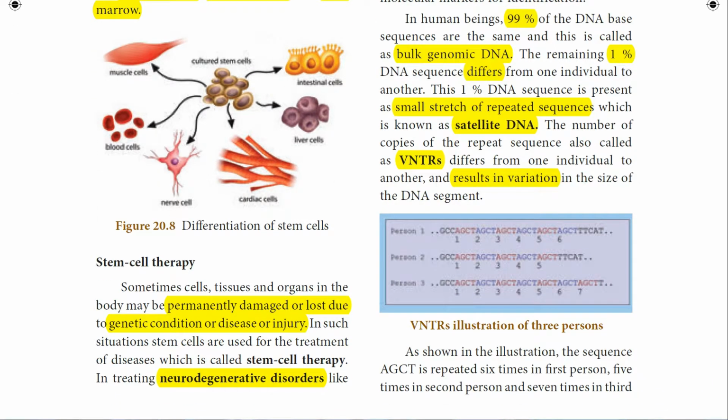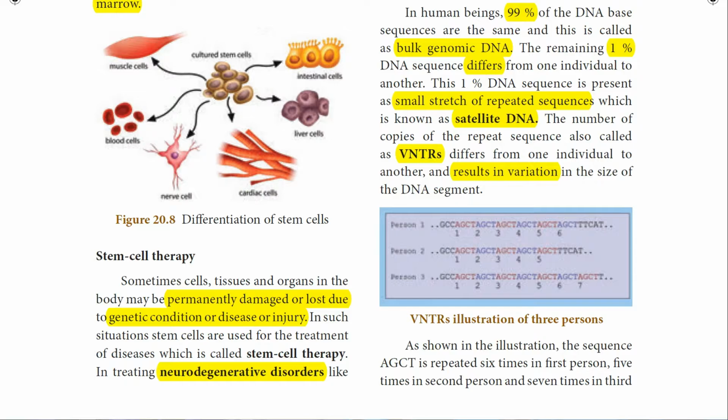Stem cell therapy. Sometimes the cells, tissues, or organs in the body may get permanently damaged or lost due to trauma, genetic conditions or disease. In such situations, stem cells are used for the treatment of the diseases, which is called stem cell therapy.